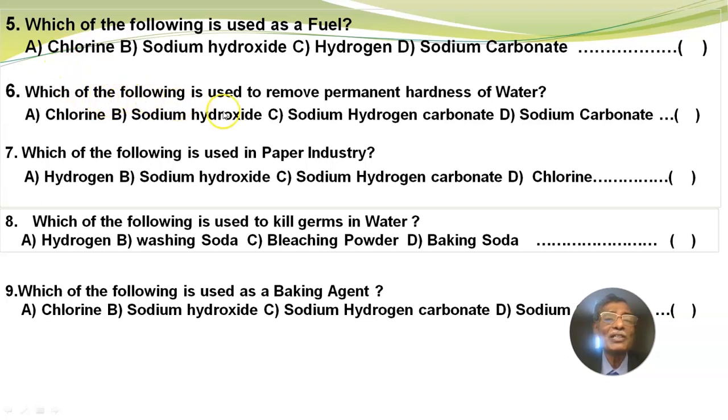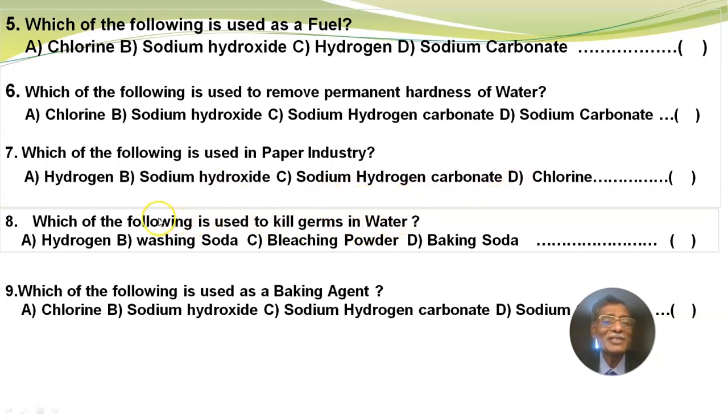Which of the following is used to remove permanent hardness of water? A. Chlorine, B. Sodium hydroxide, C. Sodium hydrogen carbonate, D. Sodium carbonate. Question 7. Which of the following is used in paper industry? A. Hydrogen, B. Sodium hydroxide, C. Sodium hydrogen carbonate, D. Chlorine.